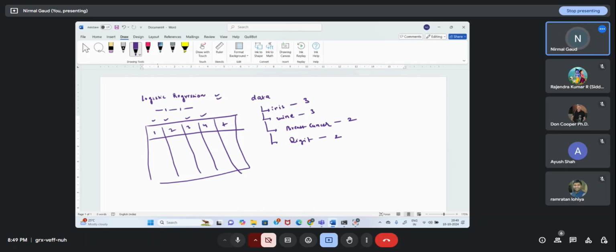All are numerical features. And then you have the target: setosa, versicolor, virginica. Three classes are there. So you took only two features and trained your model with only these two, keeping the target as y.